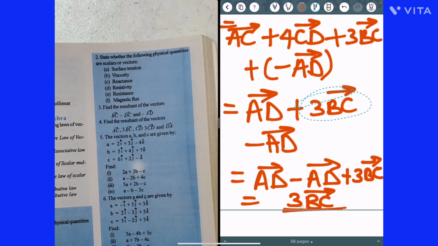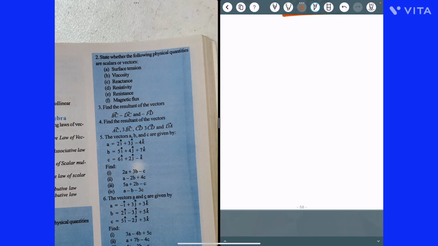I still have 3BC in the middle. Then instead of DA, I'll write minus AD. So if you put this together on rearranging, AD minus AD will give you 0. And your final answer will be 3BC. We call this vector algebra. It's very simple. You just need to be careful while following the letters.